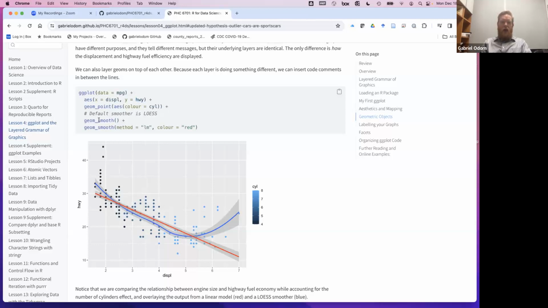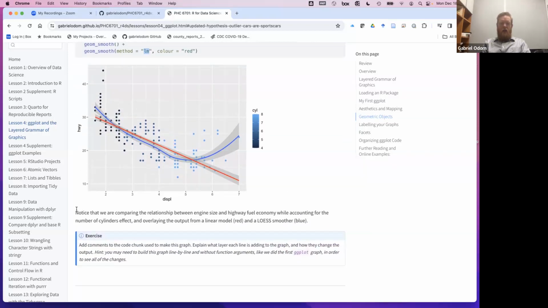And then we also added the default smoother, which is something called a LOESS smoother. And that's this blue curve right here. And then we also added a smoother in red, and that's the linear trend. So LM is for linear model, just a straight line. And we can see that as far as the straight line is concerned, the bigger the engine is, the worse off your fuel economy is.